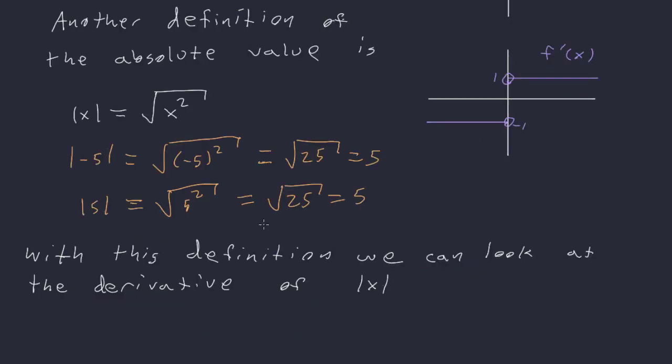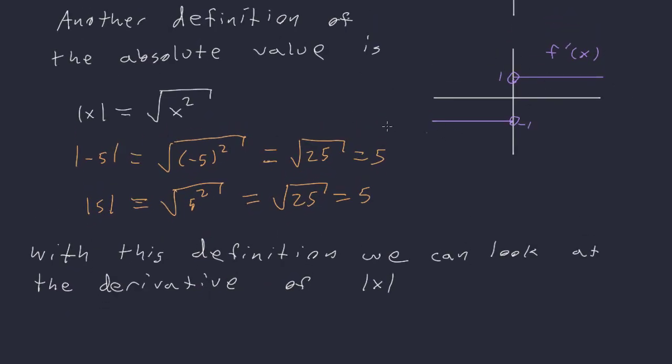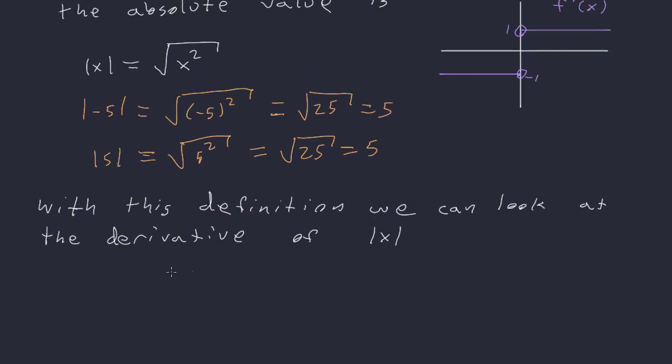Okay, so why am I talking about this? Well, through this definition, we can actually look at the derivative of the absolute value of x. We've looked at it graphically, and we know it should be negative 1 on the negative side and positive 1 on the positive side. But we can further verify this, because the derivative with respect to x of the absolute value of x is the derivative with respect to x of the square root of x squared. We can use the chain rule because this is the square root of stuff.